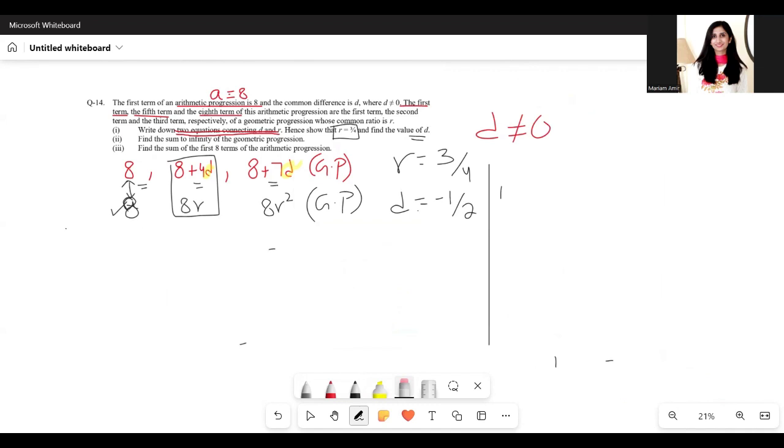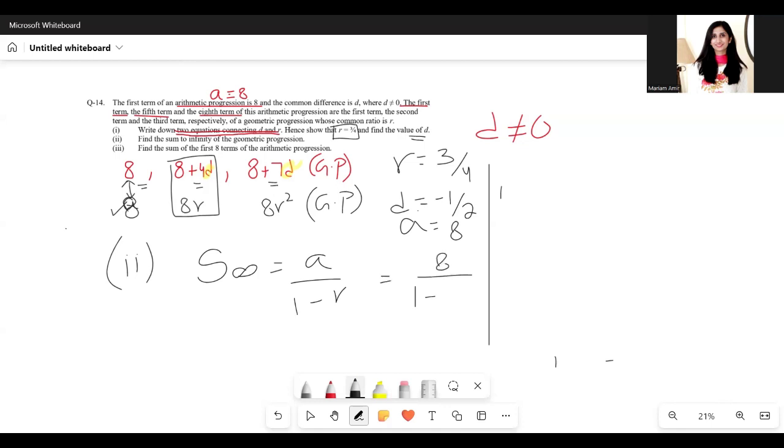The sum to infinity formula will be given to you in the formula sheet. It's A over 1 minus R. We also know A from this question, it's 8, for both the AP and GP because they have the same first term. It's mentioned in the question. So this is just going to be 8 upon 1 minus 3 by 4, which gives you 32.